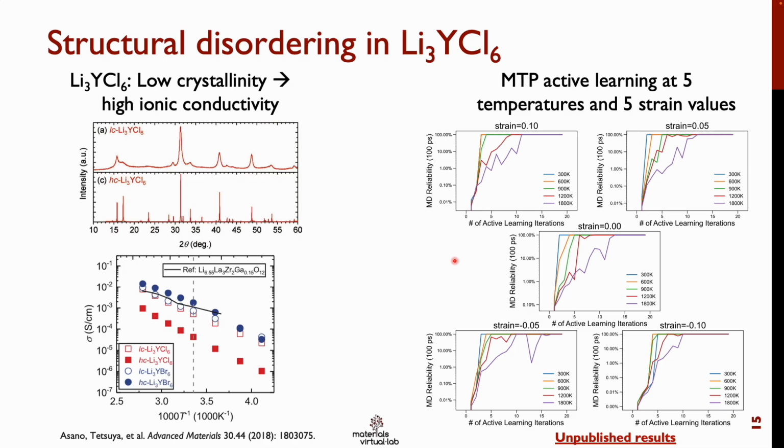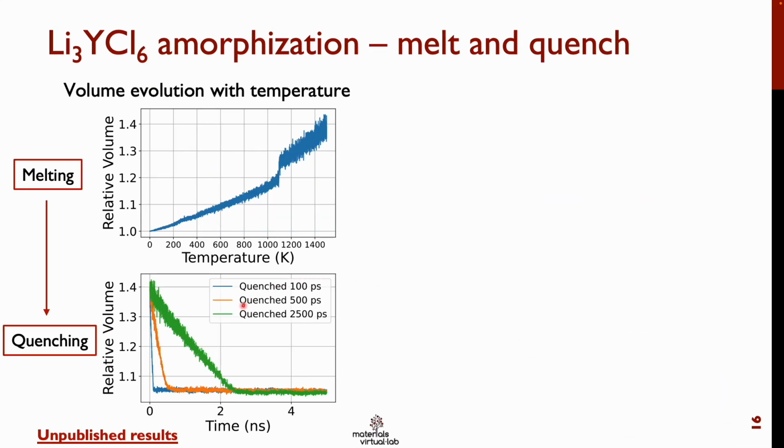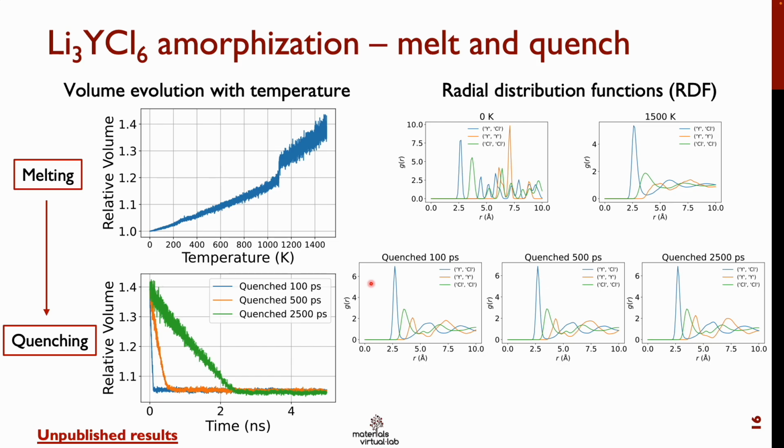So with this model, we will be able to do a melt and quench procedure, where we can melt the structures. You can see that there is a melting at around 1100 Kelvin, and then we quench down the sample with 3 different quenching rates to maintain the liquid-like structure.